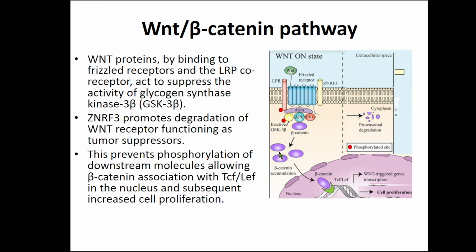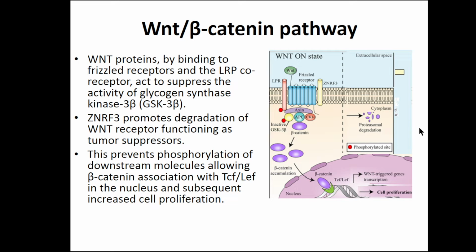Then this protein will come into the nucleus. Now this beta-catenin plays the role of a second messenger and transcription factor. It is not a special transcription factor. It is a helper of the transcription factor.